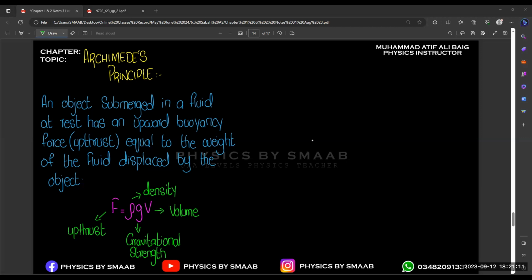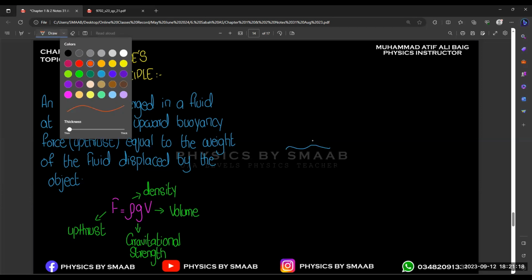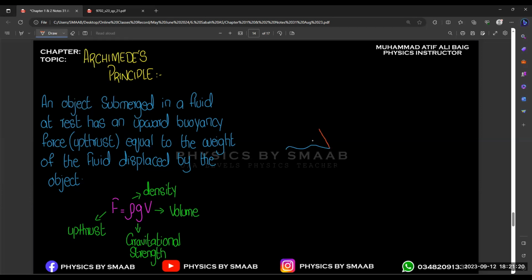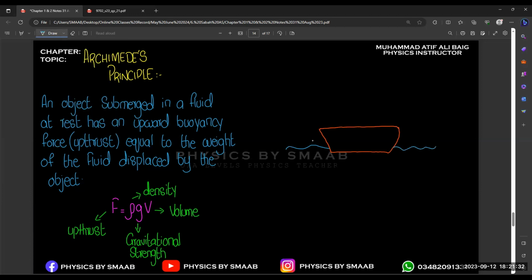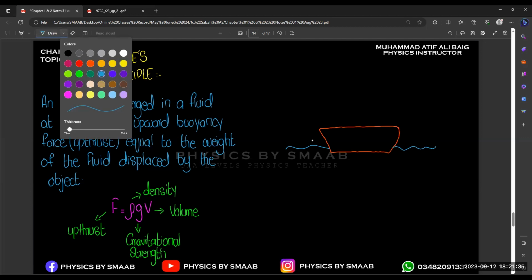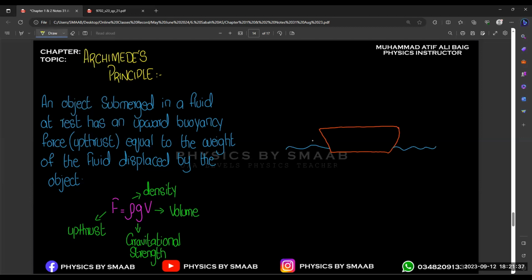And let's suppose we consider the example of a ship. So what actually happens here when we are talking about different forces? In this situation, we know that one force is applied by the water in this direction, that is known as the buoyancy force.